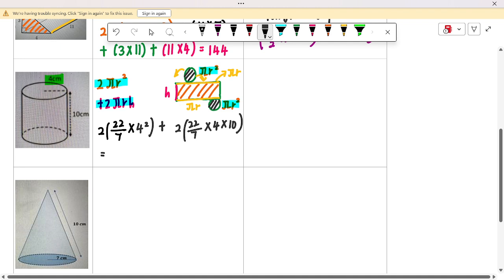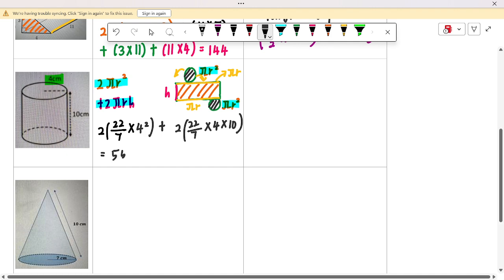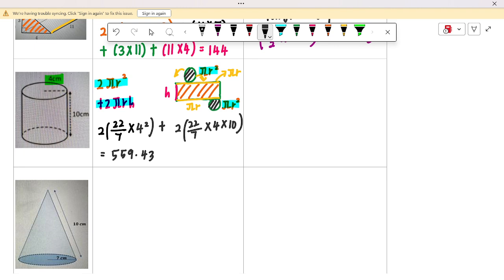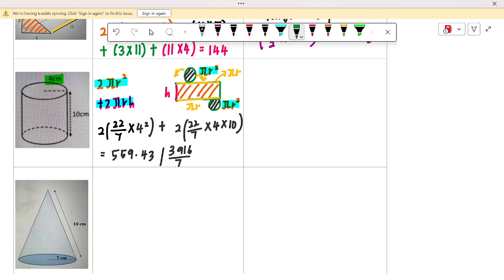So when you calculate your answer, you'll get your answer in decimal, 559.43. I'm rounding up to two decimal places. You can also leave your answer in fraction. It's up to you, which will be 3916 over 7. Okay, so this is the surface area of a cylinder, 2 pi r square plus 2 pi r h.